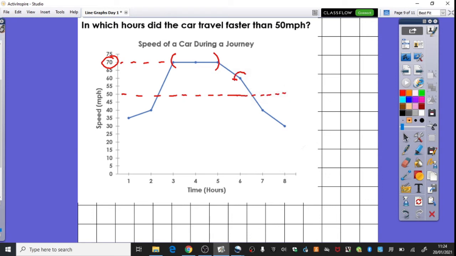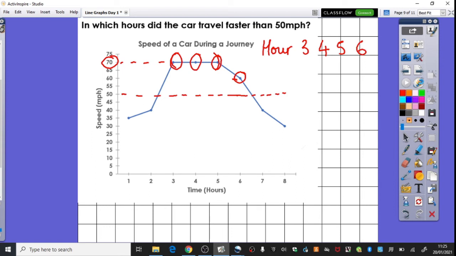So I can see I've got an hour here, an hour here, an hour here, and an hour here, where the car was travelling more than 50 miles an hour. 3 increments here where it was travelling at 70, and 1 here where it was travelling at 60. And it says in which hours? So the hours were hour 3, hour 4, hour 5, and hour 6.